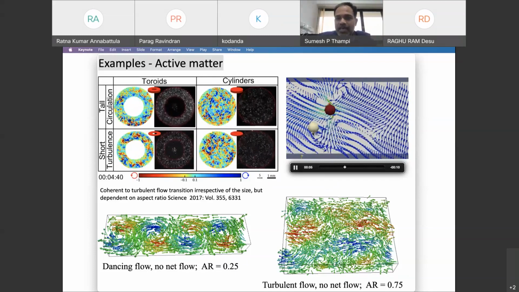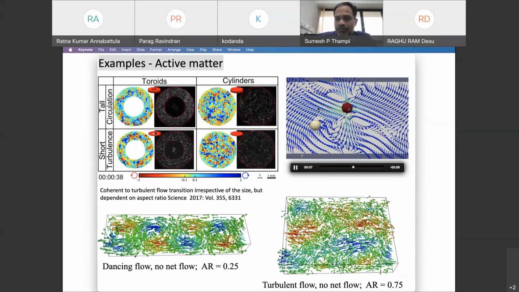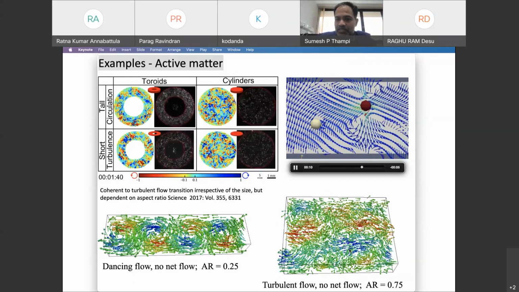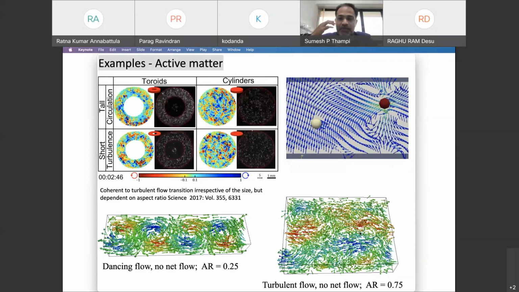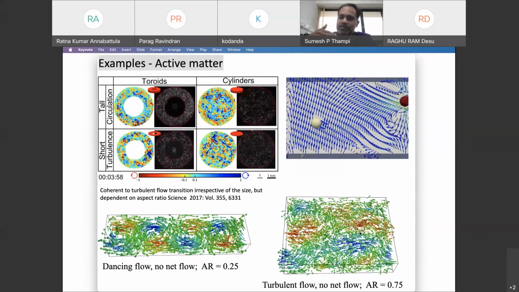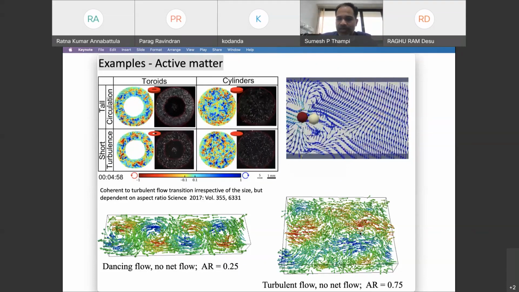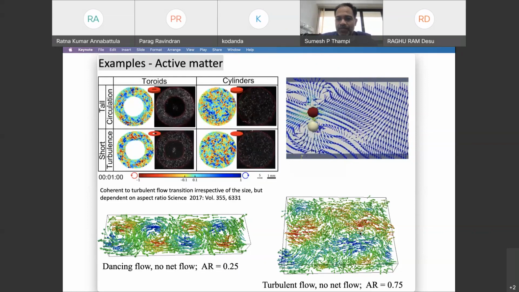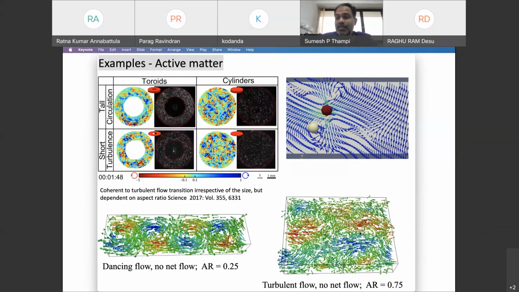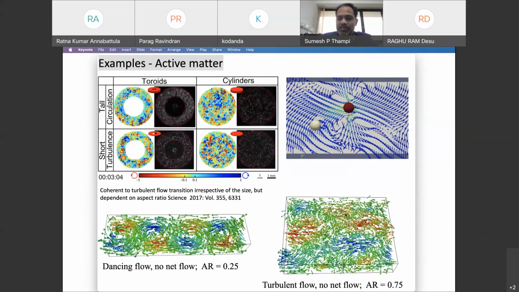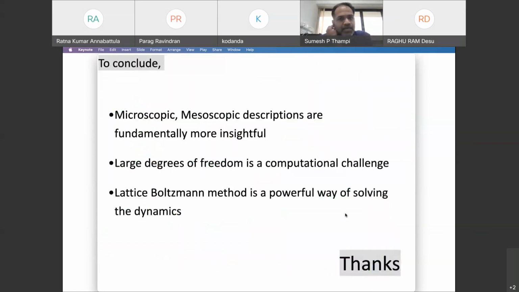So this example is just that of one of them, while here you can imagine several of the living species put together, or like a cellular network and so on, where again you have a system which is a living thing. So in all these contexts, Lattice Boltzmann has done very well.